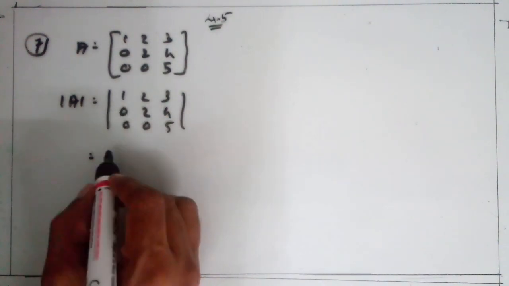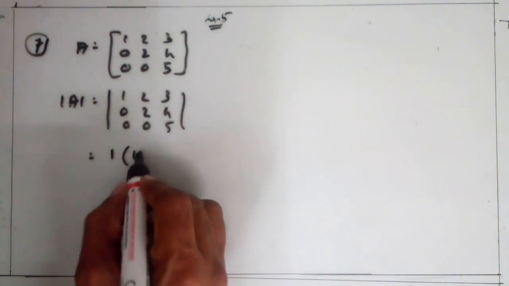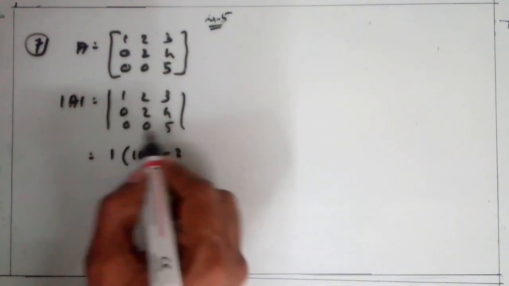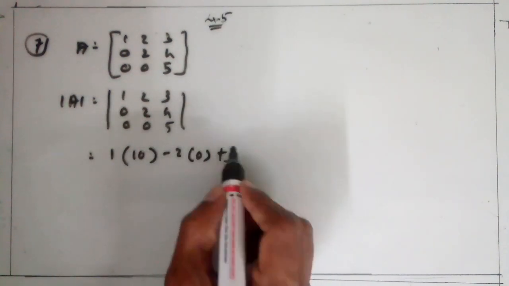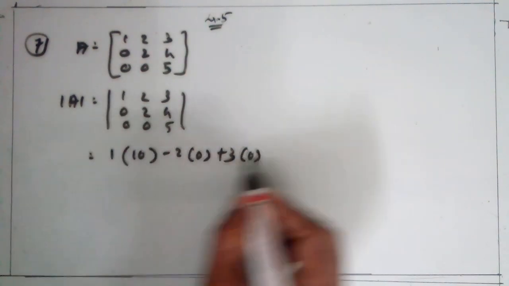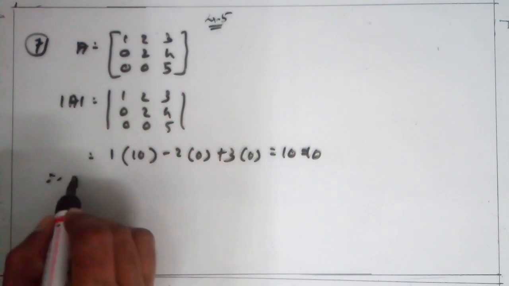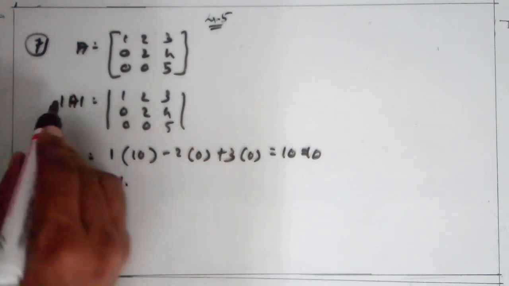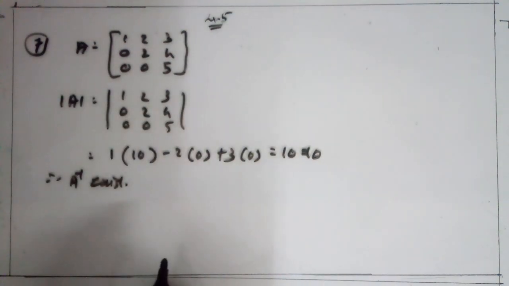So it is equal to 1 into product of these two minus product of these two, minus 2 into product of these two minus product of these two, plus 3 into product of these two minus product of these two. Clear? So here we get 10, not equal to 0, therefore A inverse exists. Determinant of A not equal to 0, that means A is a non-singular matrix.